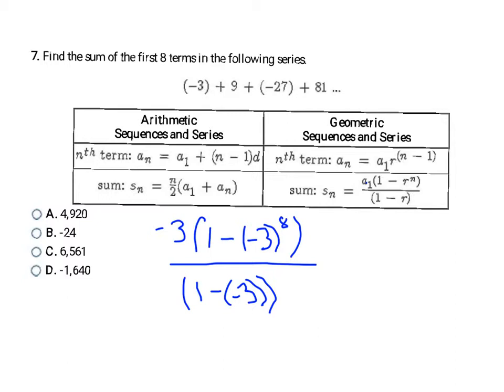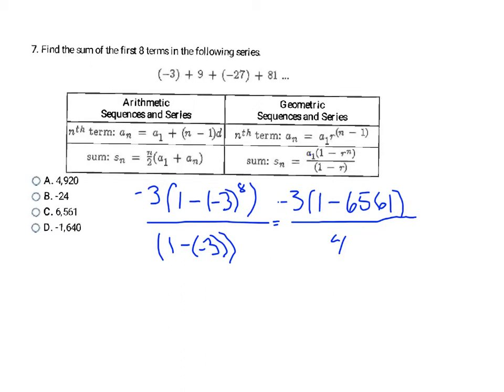So looking at the top, I'm going to do exponents first. -3 raised to the 8 power is 6,561. So that's going to look like this. And then on the bottom, 1 minus a negative 3 is the same as adding 1 plus 3, which is 4.